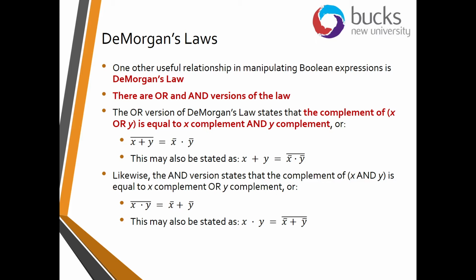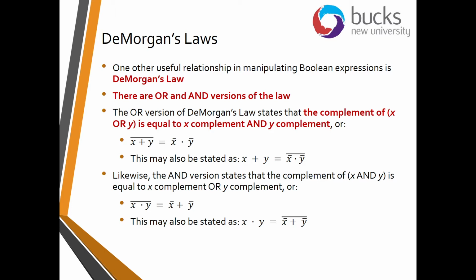So one of the other useful relationships in manipulating Boolean expressions is De Morgan's law. There are OR and AND versions of the law. The OR version of De Morgan's law states that the complement of x or y is equal to x complement and y complement, or as it's expressed here, not (x or y) is equal to not x and not y, and we can also state it as x or y equals not x and not y.